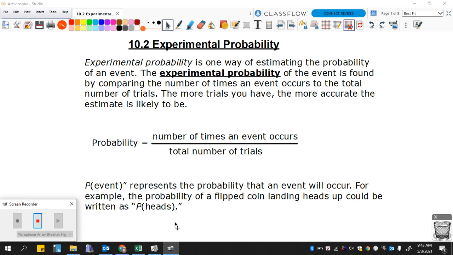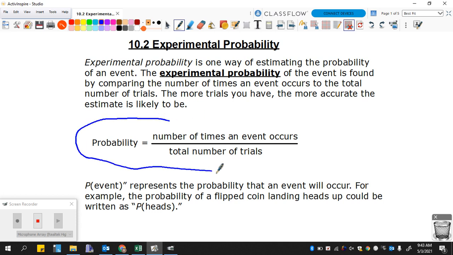So copy the formula for probability into your notes. All right, and another thing is that if you have P of an event, or P with an event inside the parentheses, it is just a shortcut way of writing the probability that an event will occur.